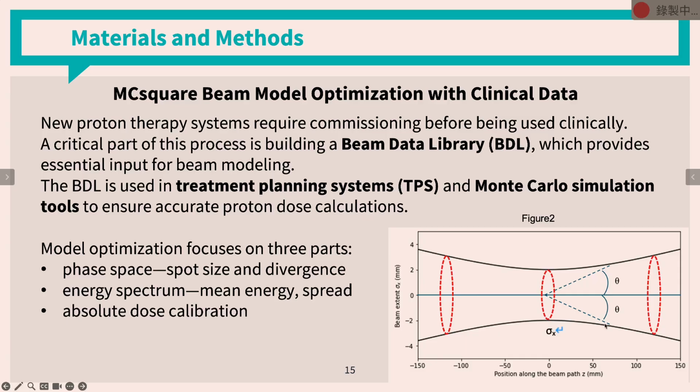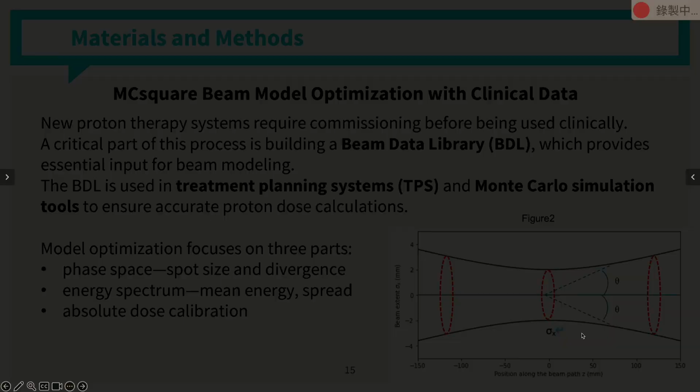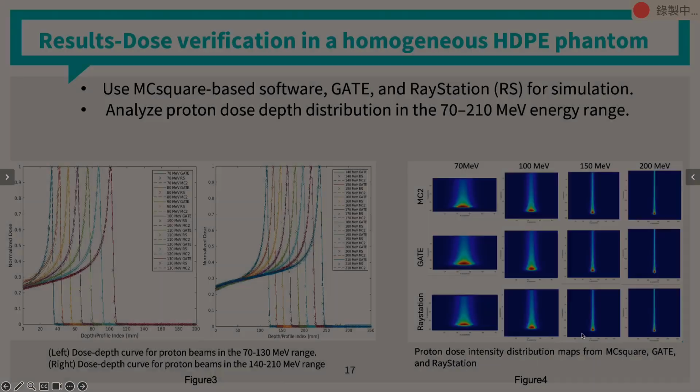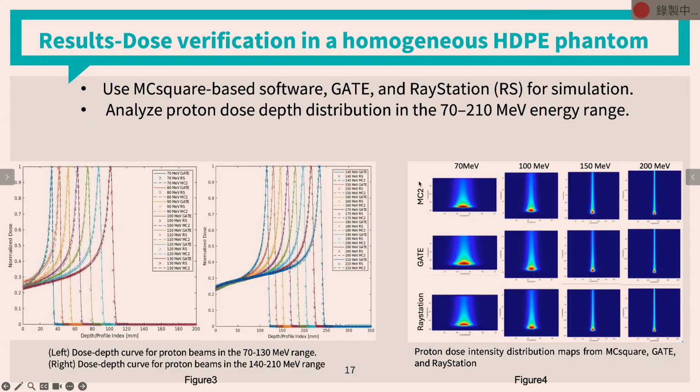And next are my results. The first part is about the dose verification in the homogeneous HDPE phantom. Using the MC²-based development software along with the clinical treatment planning software GATE and RayStation, we performed simulation analysis of proton dose depth distribution within the 70 to 210 MeV energy range.